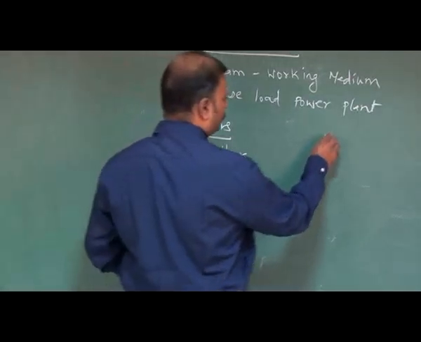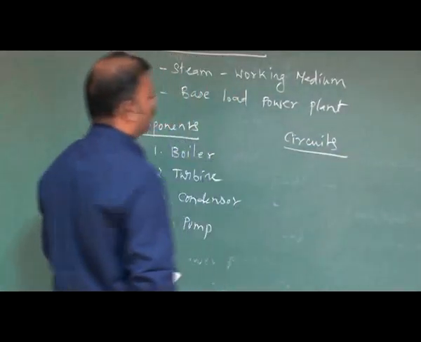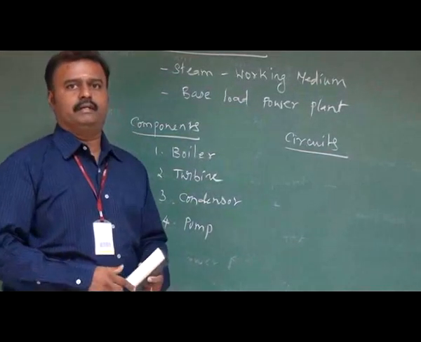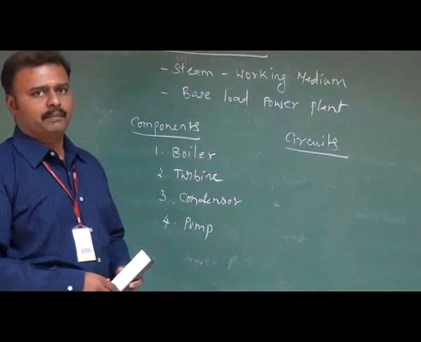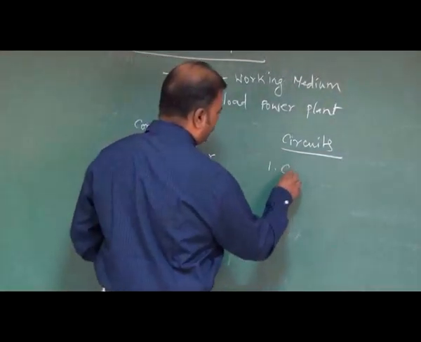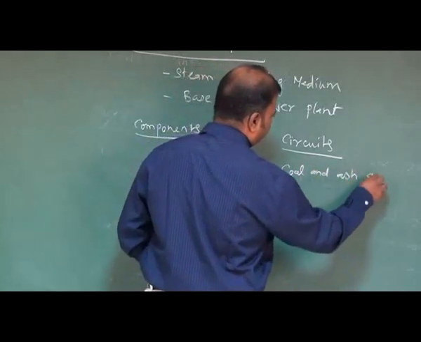The various important circuits of this thermal power plant: there are four main circuits. So we want to know the layout of the thermal power plant by explaining all these four circuits. The names of the circuits: the first is coal and ash circuit.